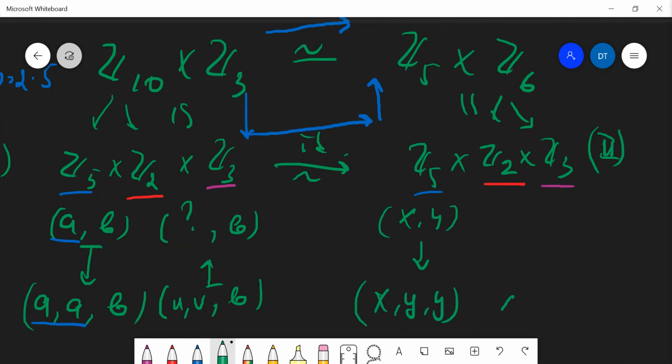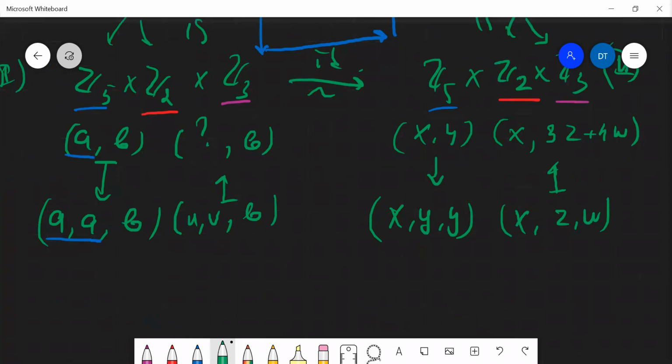And when you go from bottom to up, let's say (z, w) goes to what? Here it's x, and here we know that it's 3z plus 4w, because that's an isomorphism for Z2 times Z3 with Z6. So when we go from left to right, we take A and B. When we go down, it goes to (A, B).